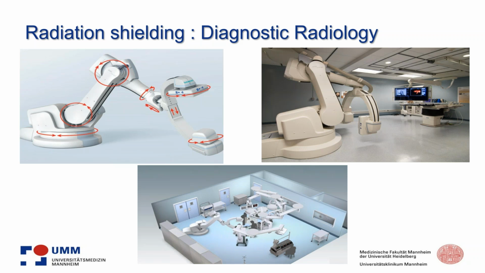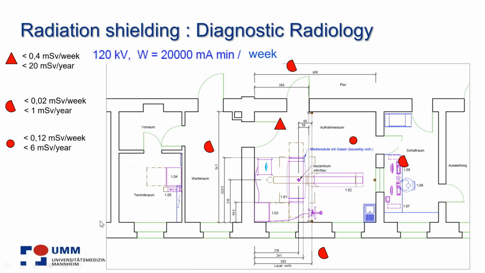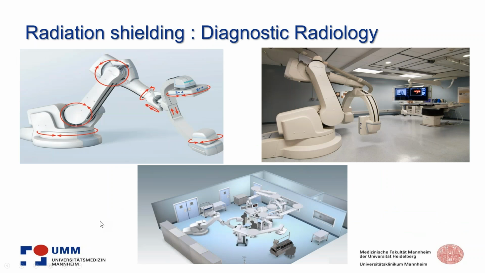Yeah, we are coming later on to the situation in radiation therapy as well, but also in radio diagnostics. The machines working in these, for example this angiography unit, have a very high degree of freedom, and you are able to bring this machine into very complex positions.